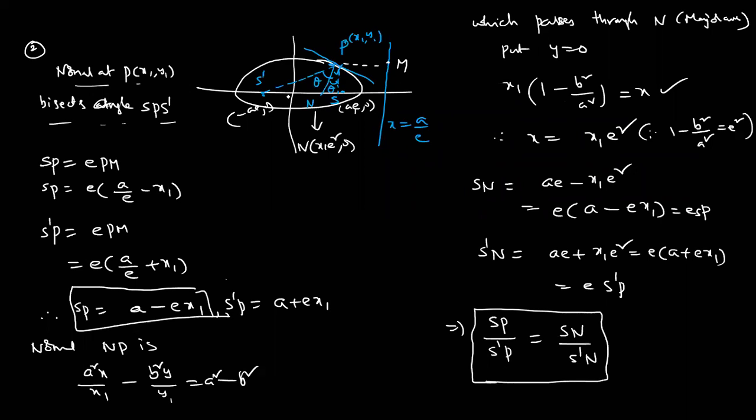SP by S dash P is equal to SN by S dash N. That means clearly PN bisects angle SPS dash. So this property is very important here, students. Write down.